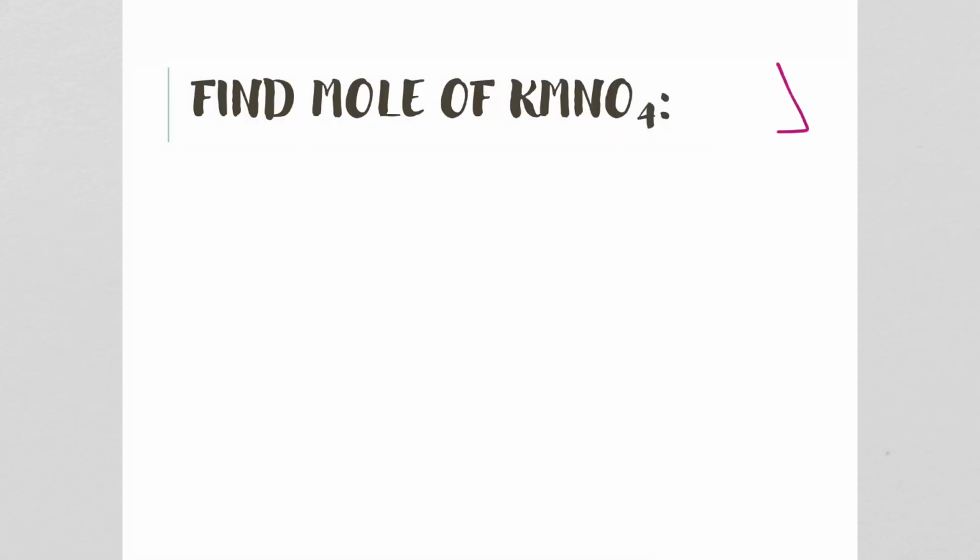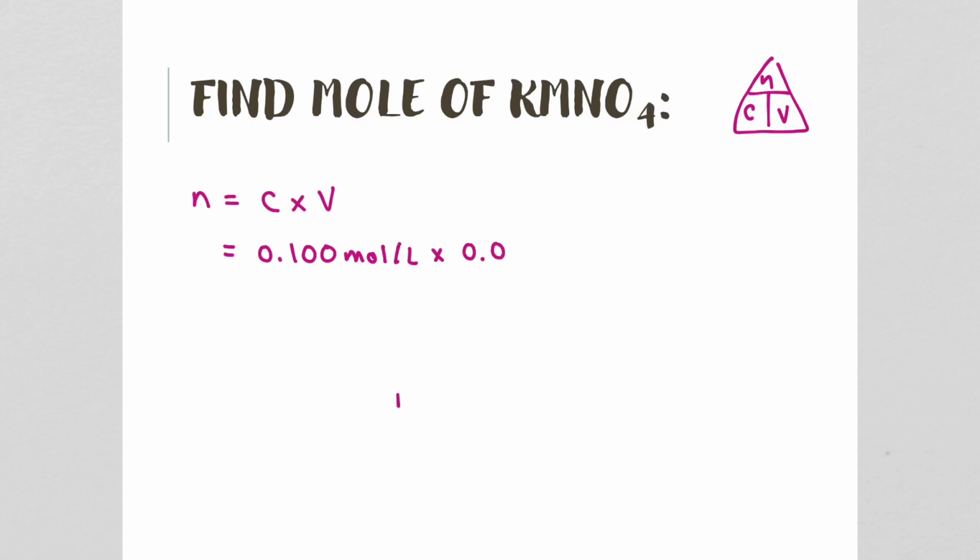So to find the number of moles, we would use our C equals n over V, so n equals C times V. We were told that the concentration was 0.100 moles per liter, and our volume is going to be 0.02240 liters, sorry, we converted it, so we had to divide by 1,000.